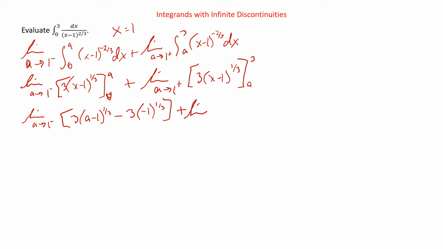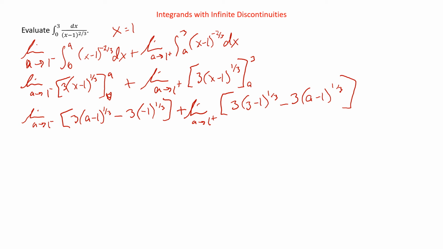Plus the limit as a goes to 1 from the positive side, plug in 3. 3 times 3 minus 1 to the 1/3 minus plug in a. 3 times a minus 1 to the 1/3. And now we can take the limit.